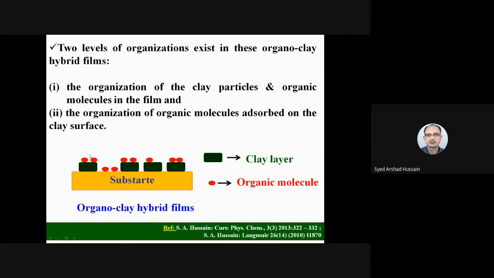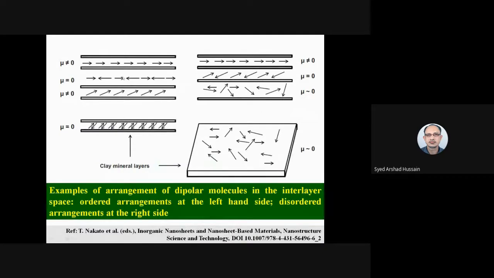And if one can play with this organization, one can play with the property of the organic material confined within the system. So this is interesting. Here I show you, just by controlling the clay environment, one can control the organization.